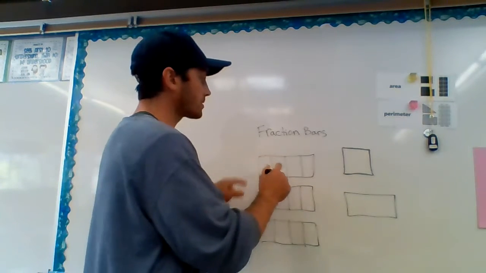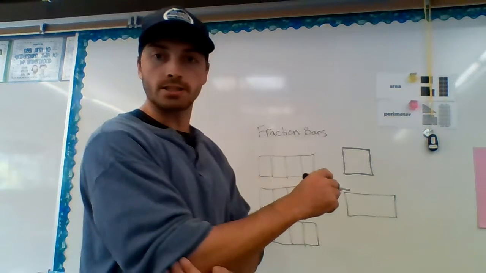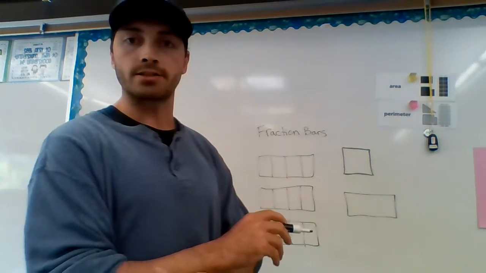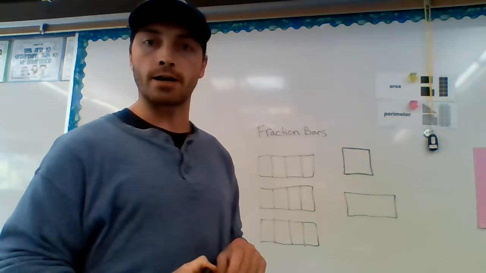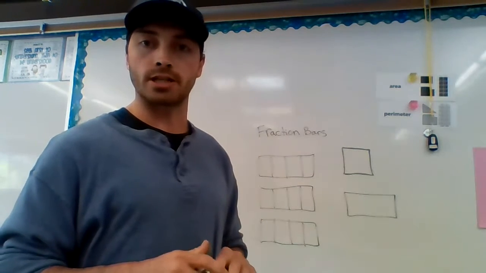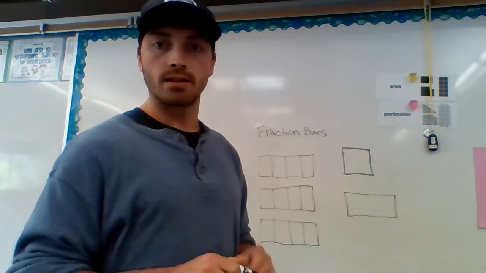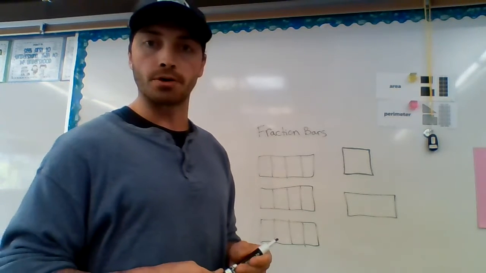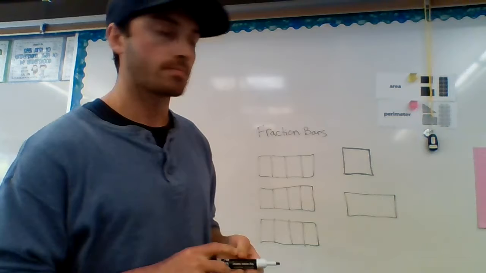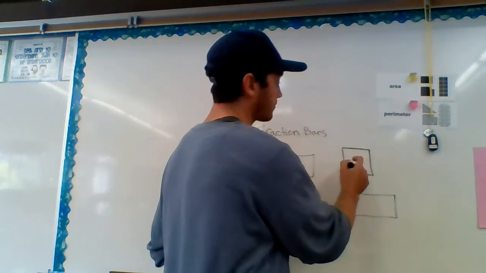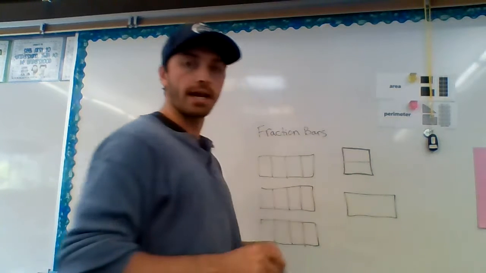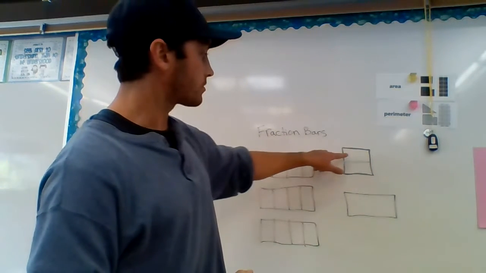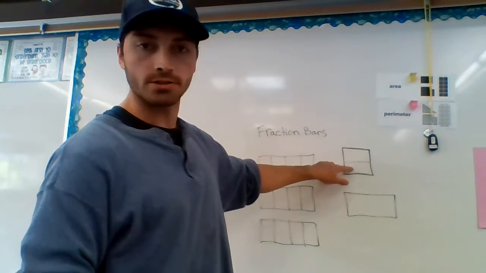So first, when we talk about fraction bars, we talked about how we can divide shapes into different equal parts to know how many parts or how that shape would look. And then we made that into a number called a fraction. So for example, if we have this square, we divided it in half, we have two equal parts.